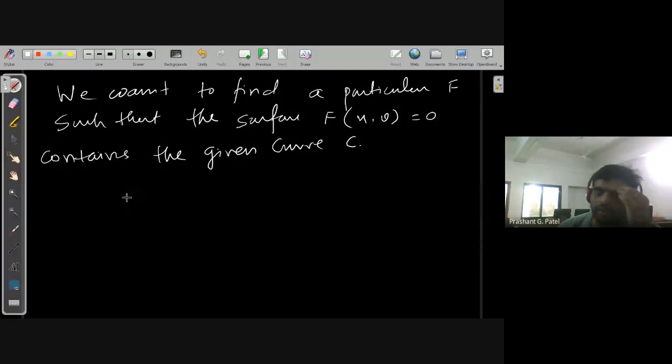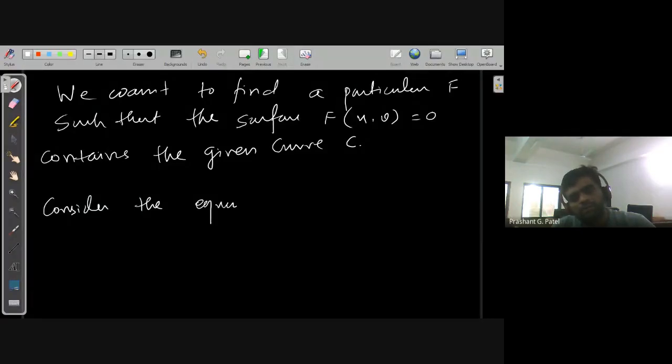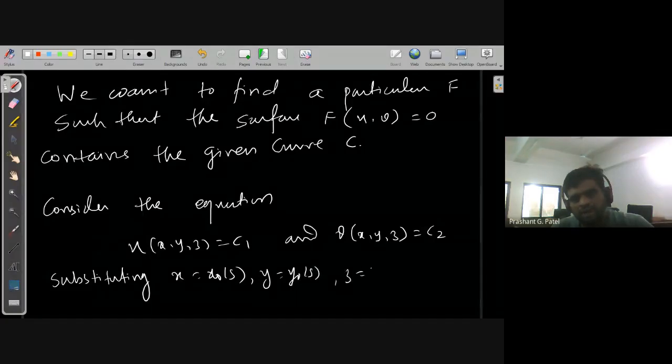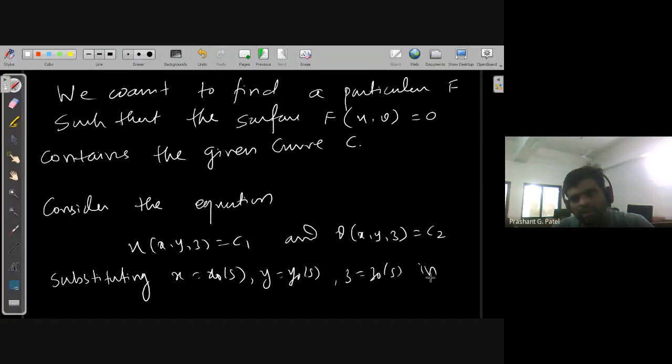And this is done as follows. How to do this? Consider the equations u of x, y, z equal to c1 and v of x, y, z equal to c2. Substitute x is equal to x0(s), y equal to y0(s), and z is equal to z0(s) in these equations.